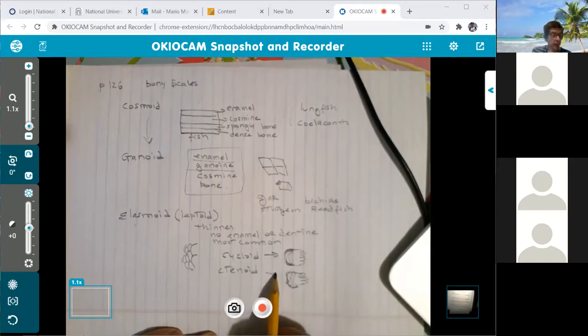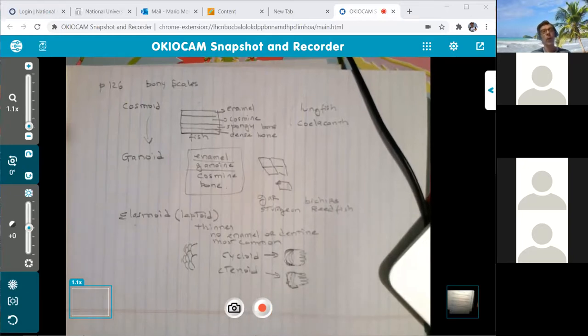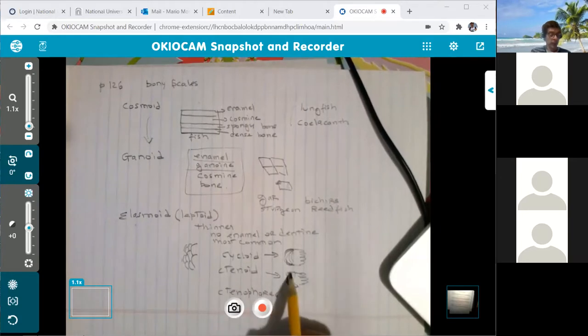Those are the ctenoid. A way to remember this: remember the ctenophores? Those of you that had invertebrate biology, the comb jellies. Well, ctenoid looks like the comb, so that helps you remember that.